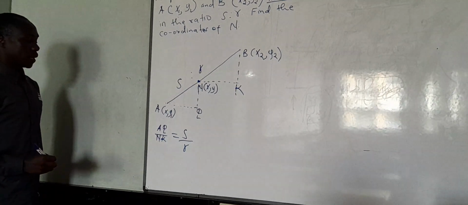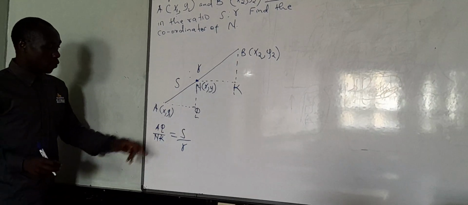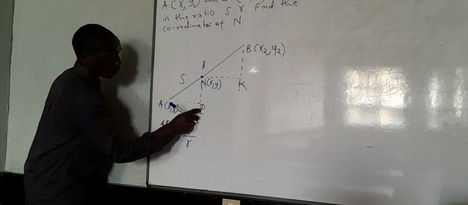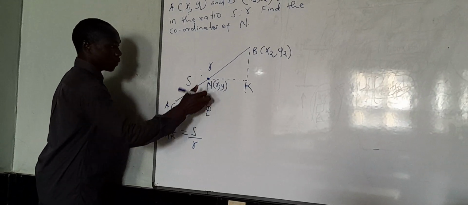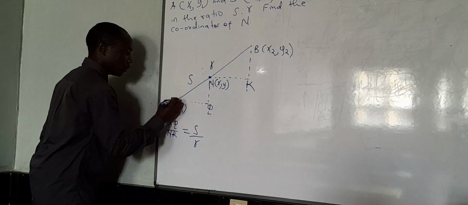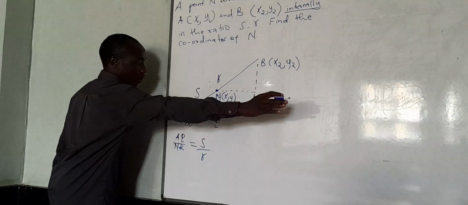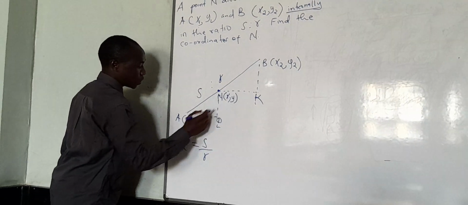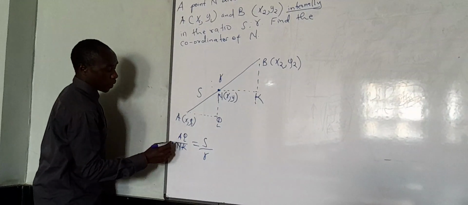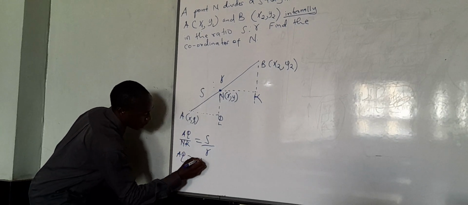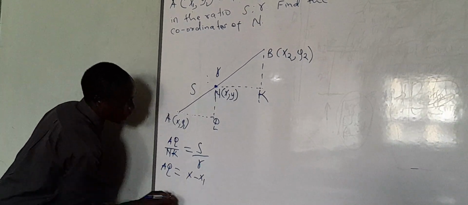That's how you start. But now what is AQ? This is the distance from A to Q. How will you get this distance? If you draw a Cartesian plane, you realize that x is on the far right, so this x value is bigger than x1. So AQ is going to be x minus x1.